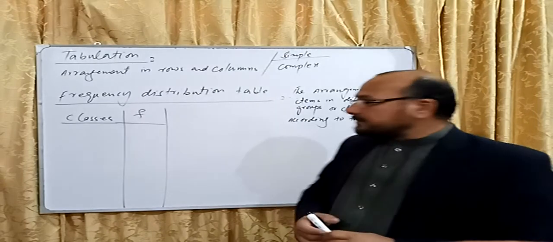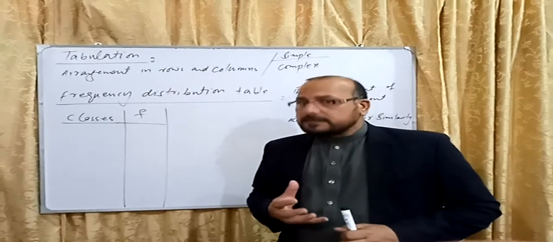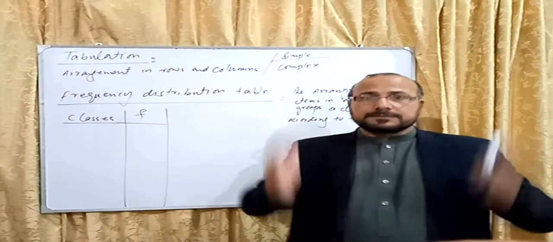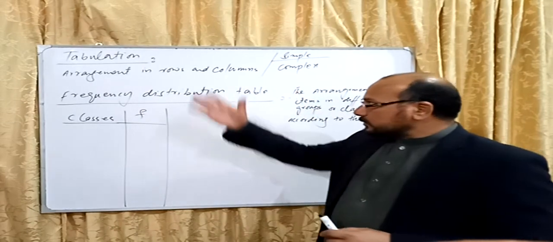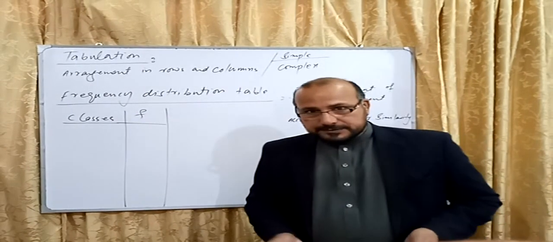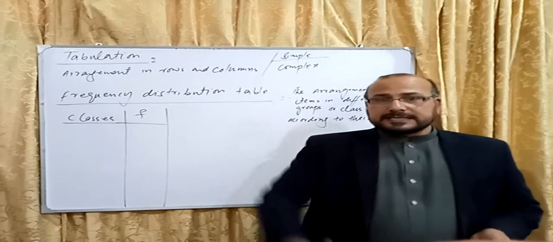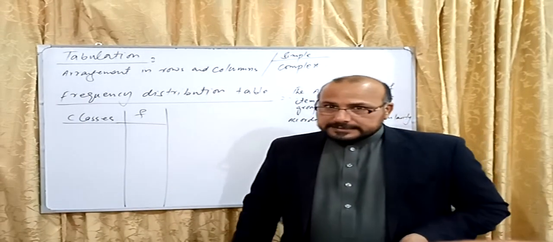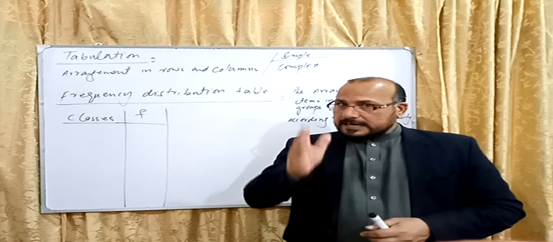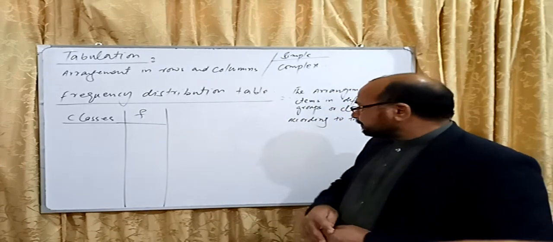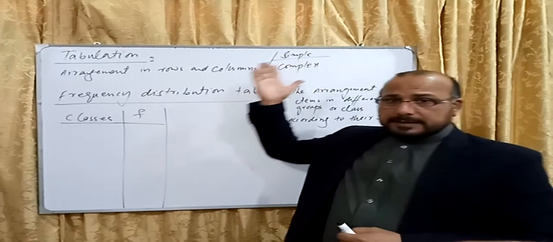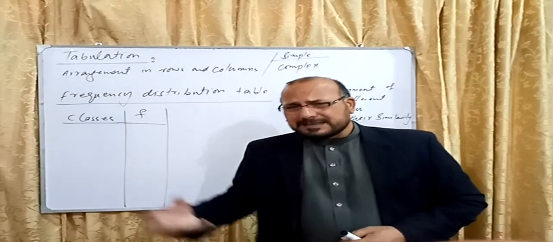In case we have more than one characteristic to arrange in tabulated form, that is called complex tabulation. So tabulation may be simple, tabulation may be complex.